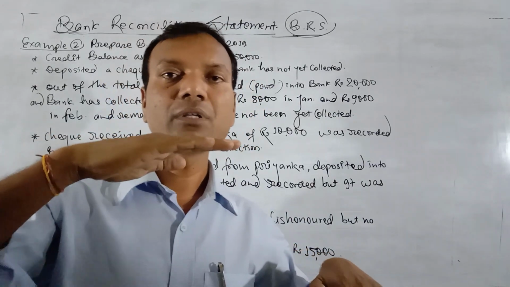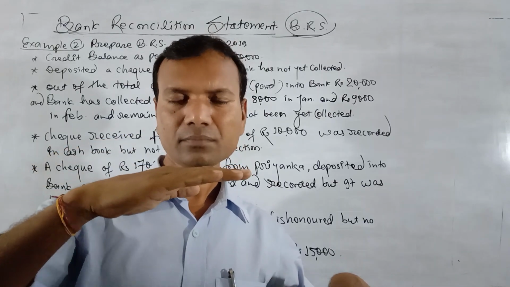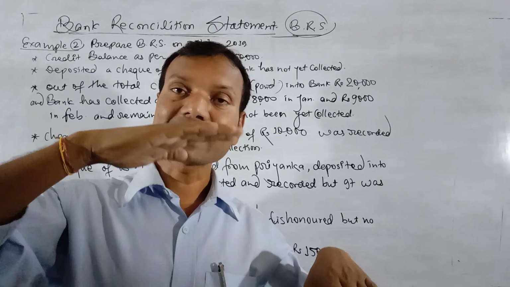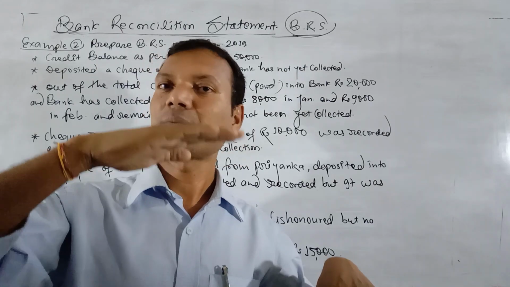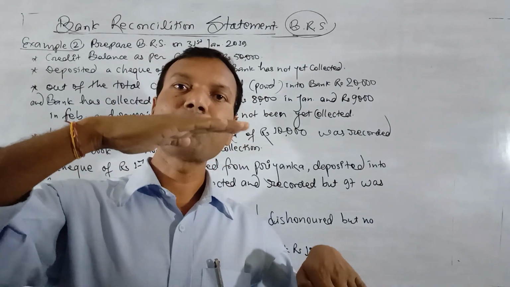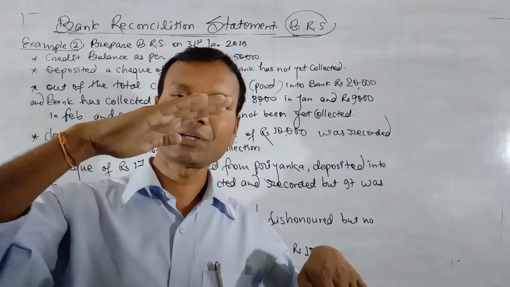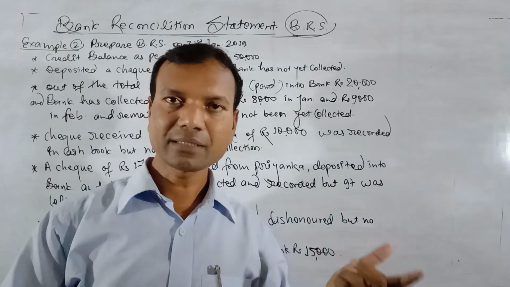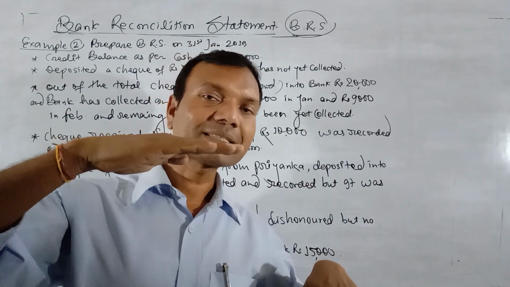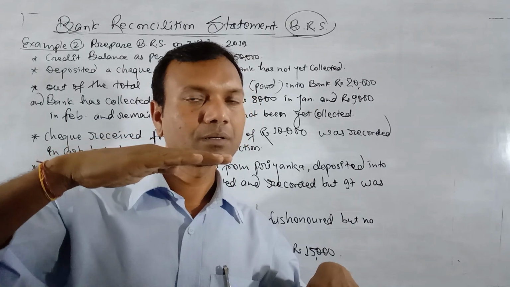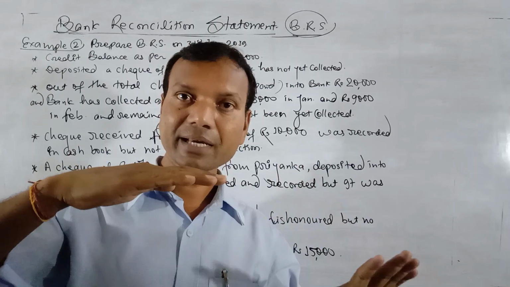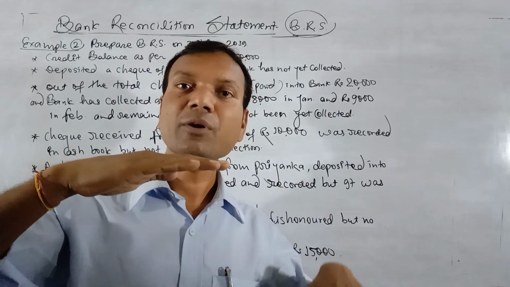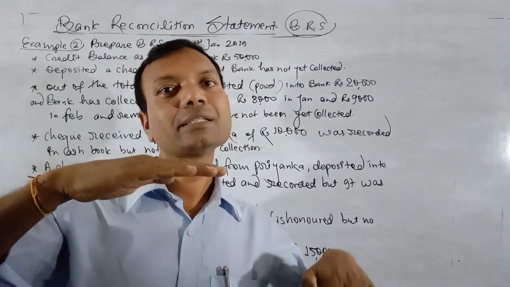Then what decision should be made? Simple. If we have started from the cash book, we have to decrease the balance of the cash book to make them equal. But if you have started from the passbook, listen carefully, then you have to increase the passbook.